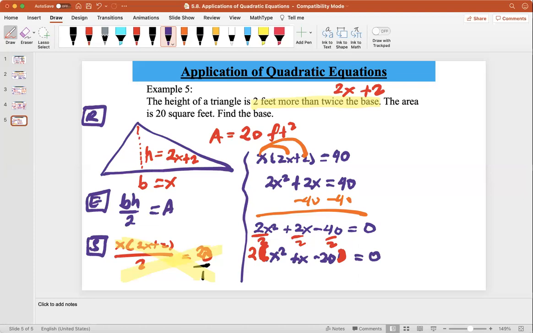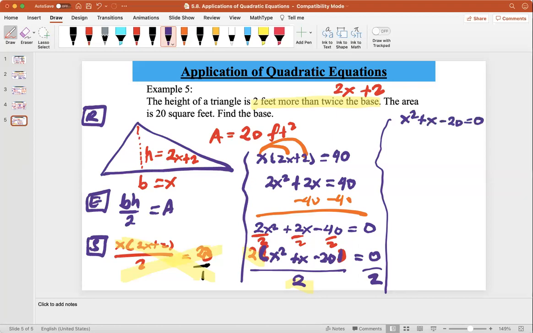In order to simplify this, we can get rid of 2. If we divide both sides by 2, we can cancel 2 here. 0 divided by 2 is 0. And therefore, we only have x squared plus x minus 20 equals 0.